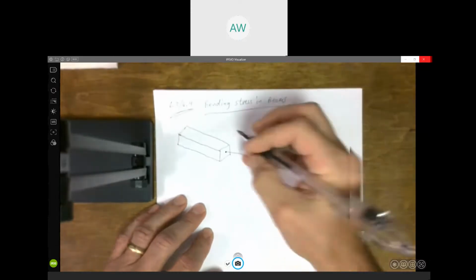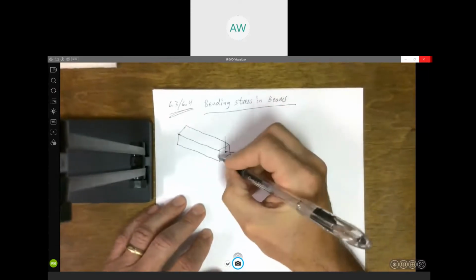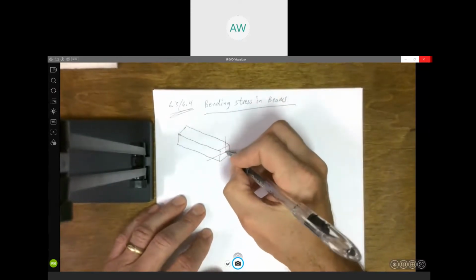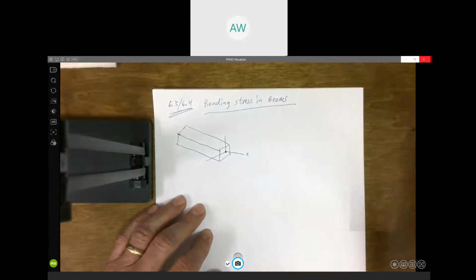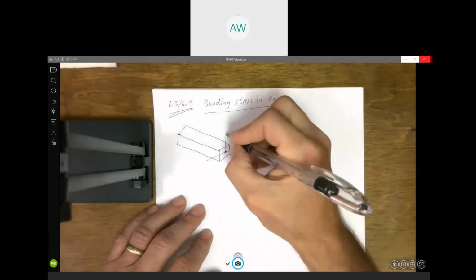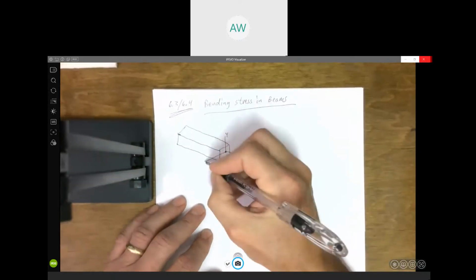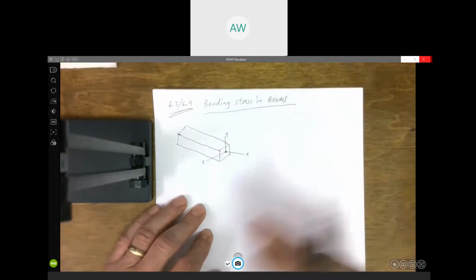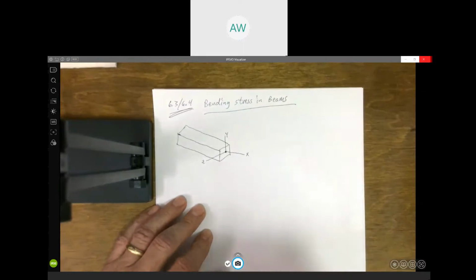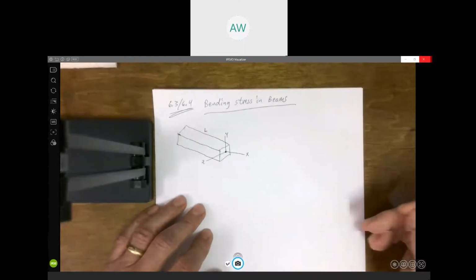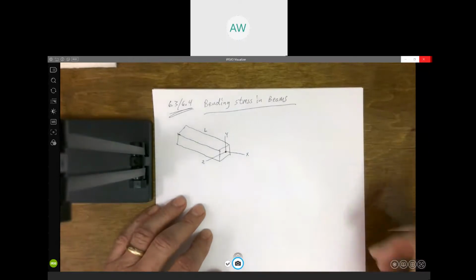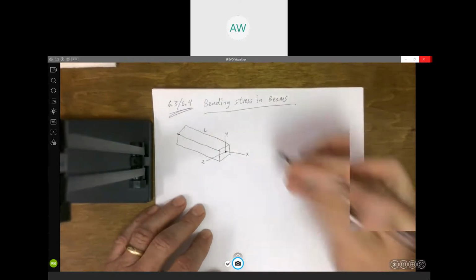Again, make sure we establish orientation of our coordinate system. So we've been using X as the axial direction. That's not going to change. Y, we're going to call the vertical direction. And if you look at that cross section, the horizontal would be the Z direction. Right? And this beam's got some length L. And we apply a bending moment to this thing.